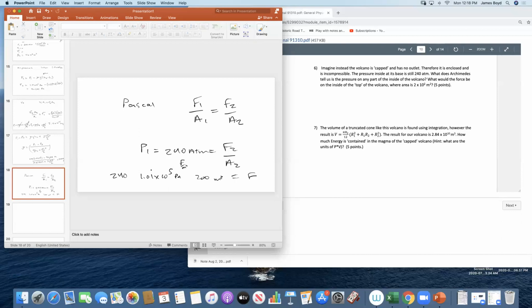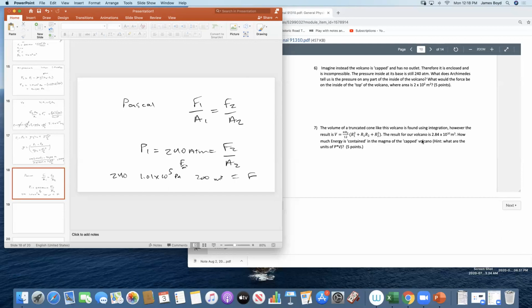Okay, so we have Pascal's equation that tells us force over area 1 is equal to force over area 2, but I gave you force over area as a pressure, that you had to change to pascals. And the final thing is just knowing that P times V is energy, and I gave you the volume of the cone. I could have made you integrate it, but I'm not going to make you integrate a cone to get this result.